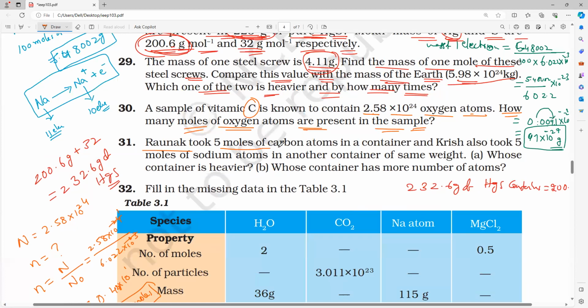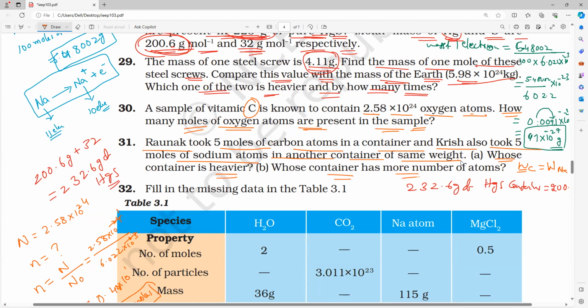Raunak took 5 moles of carbon atoms in a container and Krish also took 5 moles of sodium atoms in another container of the same weight. So weight remains constant. Both weights are equal, so remember the weight of carbon is equal to the weight of sodium. Now, whose container is heavier?